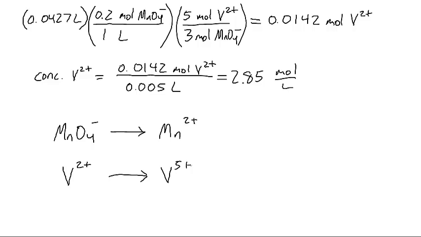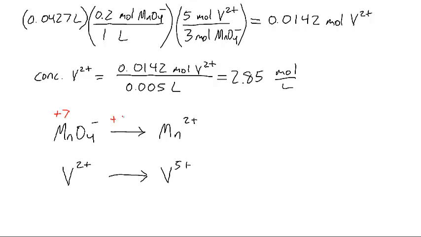What's the oxidation state of Mn in MnO4 minus? Well, each oxygen's -2, so this is -8, plus whatever manganese is going to be -1. So manganese starts out at +7, and it's going to +2. So how many electrons did it need to gain? 5.